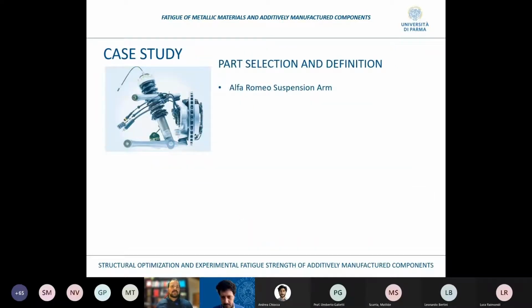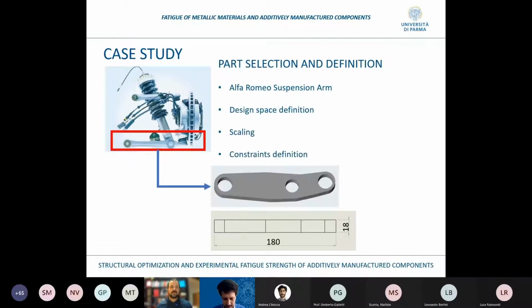The case study that we selected is the suspension arm of a sports car, and in particular we selected the lower arm.